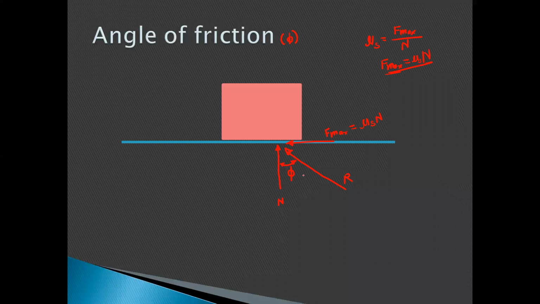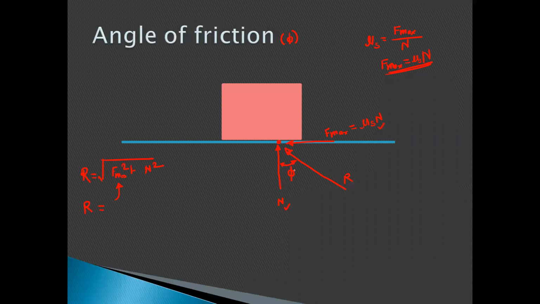Then you can write the equation for resultant as R. Basically this is the x component of resultant and this is the y component of resultant. We know the formula for resultant, it becomes a concurrent force system at this point. So we can write F max square plus normal reaction square. If you put the value of F max, which is mu s into N, then you will get one equation for resultant.